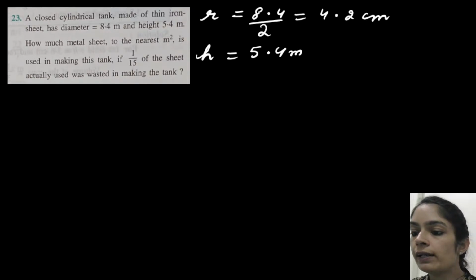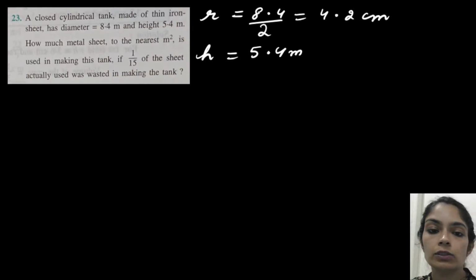Okay, so we have already done this type of question earlier also, when metal sheet is getting wasted. I hope you remember that time I told you a way whenever this type of question comes. Only one trick. I have seen some students, they search Google and find out the solution, saying let X be wasted and so many things.